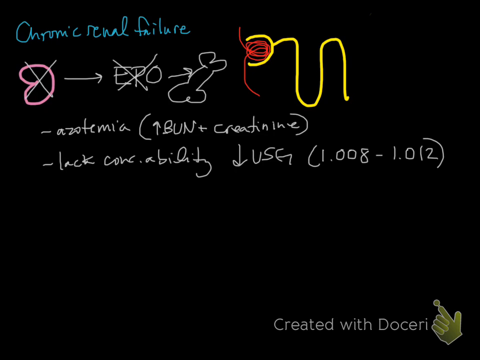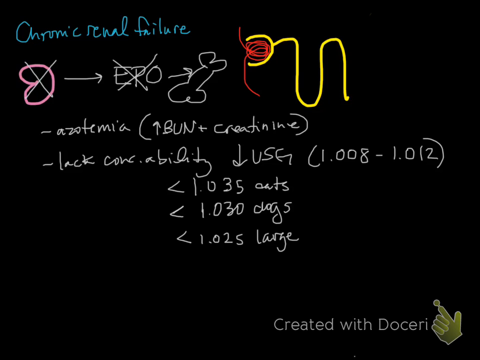It's the same, iso, but we look for urine-specific gravity that's less than 1035 in cats, less than 1030 in dogs, and less than 1025 in large animals. Again, isostenuria means that the kidneys can't dilute the urine and they can't concentrate the urine.